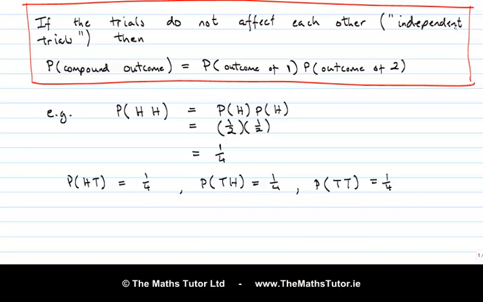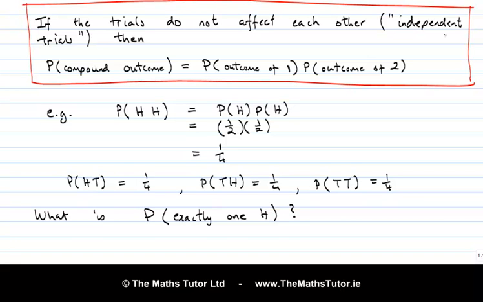For example, we might ask, what's the probability of getting exactly one head from the two trials? Well, we've just seen that all the compound outcomes are equally likely. So, in the situation where outcomes are equally likely, we know how to calculate the probability of events.